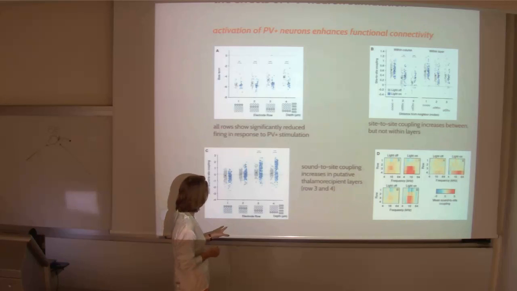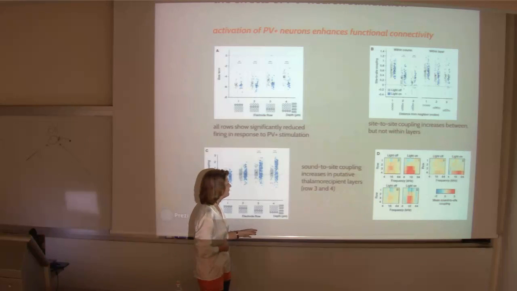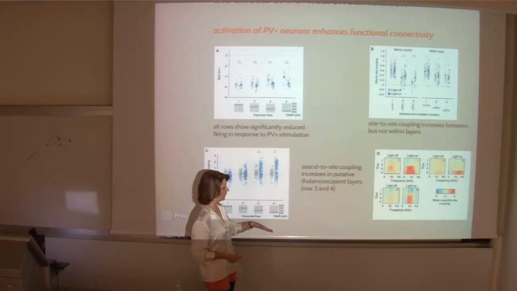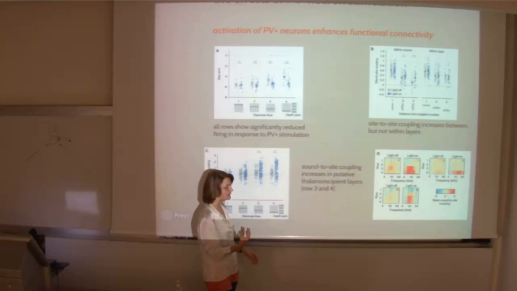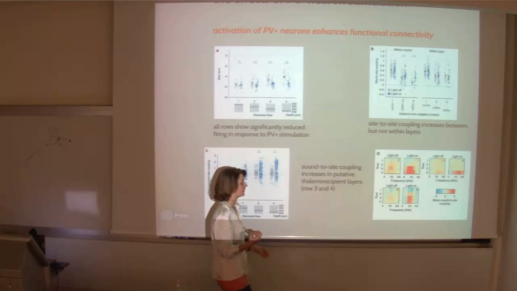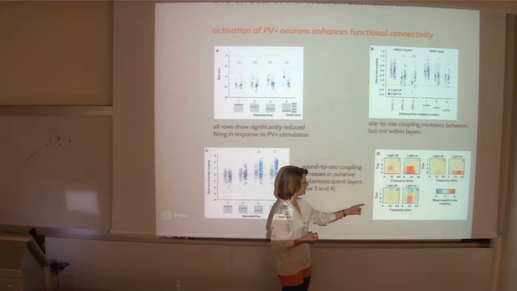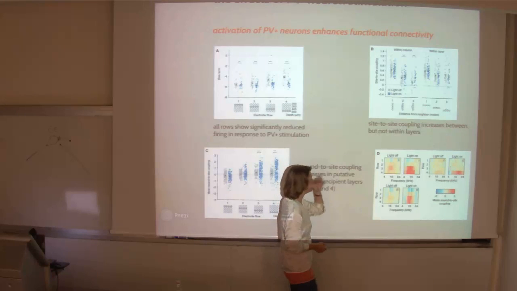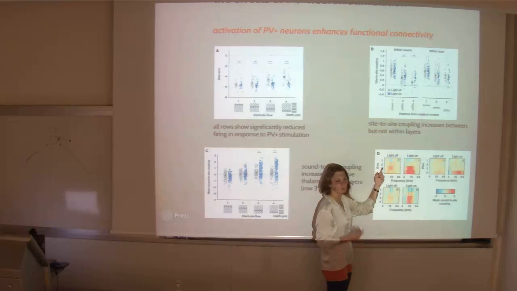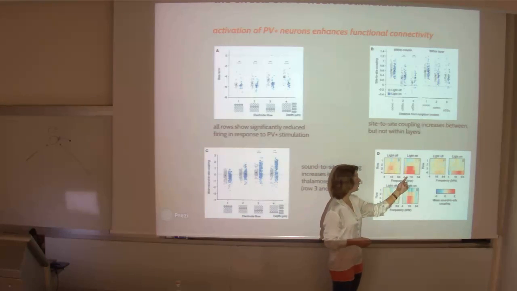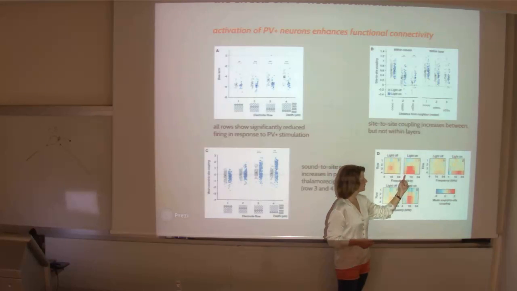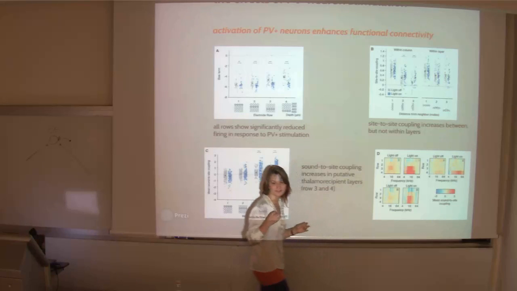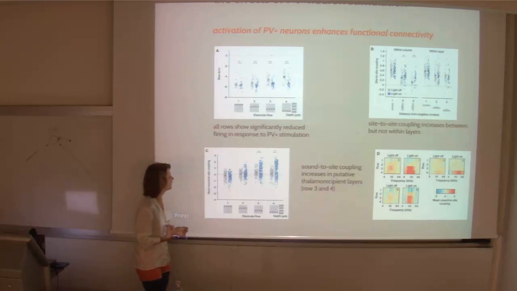And then to look at that a little bit more closely, again, we see these thalamorecipient layers, the bottom ones, 3 and 4, that really gain much in connectivity activity when the light is turned on. So these are 3 representative examples, where in light off condition you see that there is not much correlation, and in light on condition the coupling increases much for these bottom 2 layers especially.